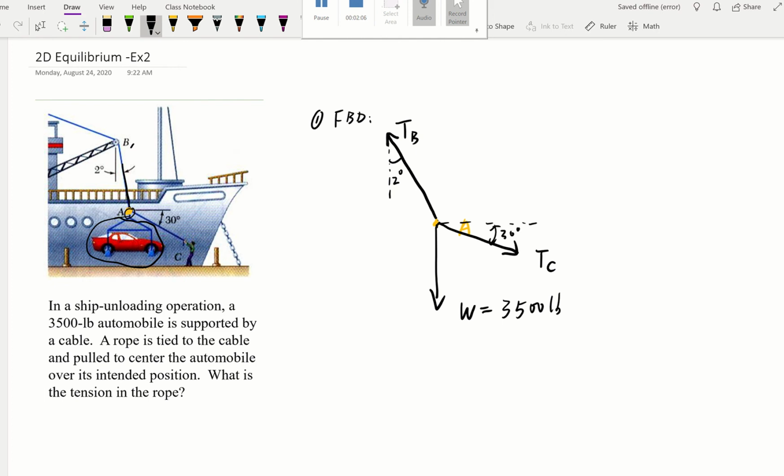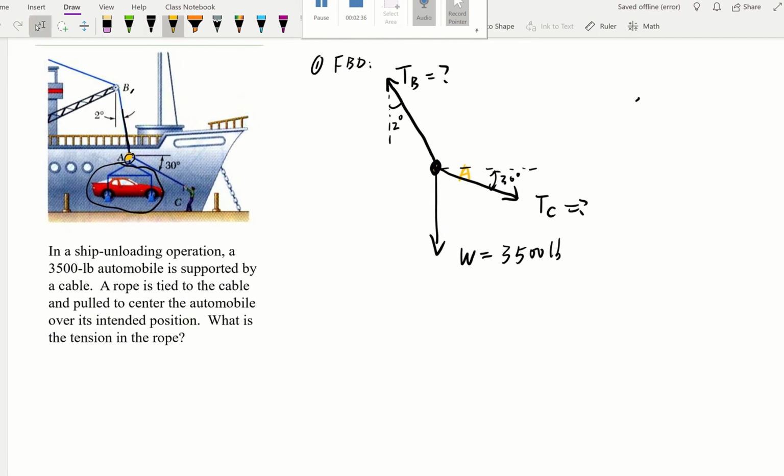So those are the three forces acting on point A: the weight and two tensions. Those three forces have to balance each other. They are at equilibrium. So that's our FBD. We also notice there are two unknowns, so we're going to come up with two equations: the forces in x and the forces in y equal to 0.